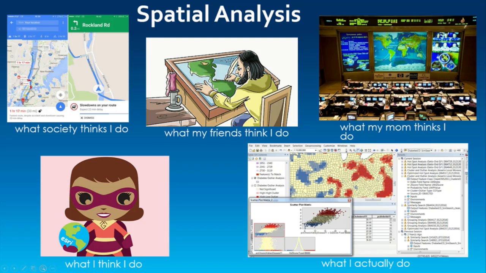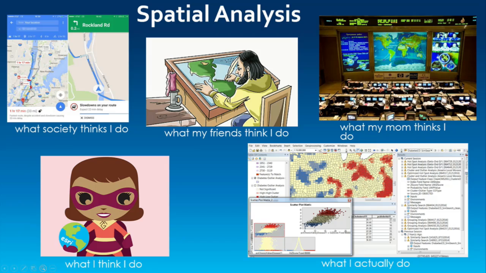But the other day my mom was like, Flora, when people want to know what my daughter does, I don't know how to explain it to them. And it can be a little bit difficult to explain. Often when I say I work in spatial analysis, people say Google Maps, or routing directions, or do you just draw maps all day?